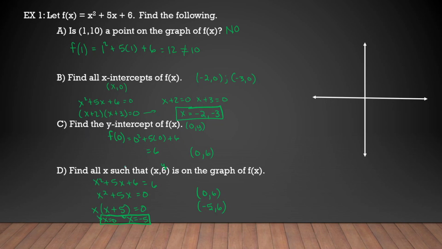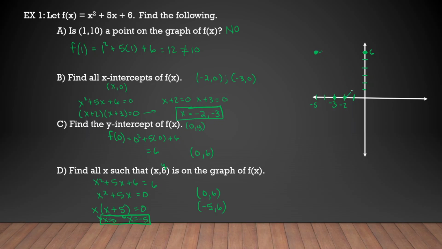So the answer to the question is at these two x values. Now let's plot all that information we just found. The x-intercepts are at -2 and -3. My y-intercept is at 6. And I know I have a point at (0, 6) and at (-5, 6).